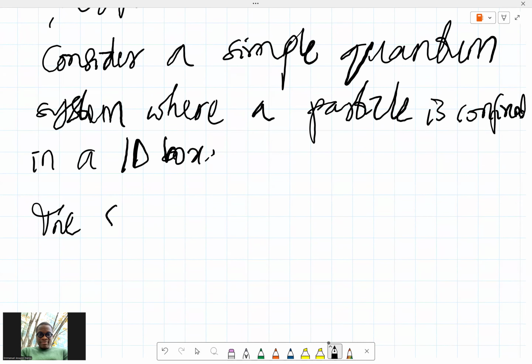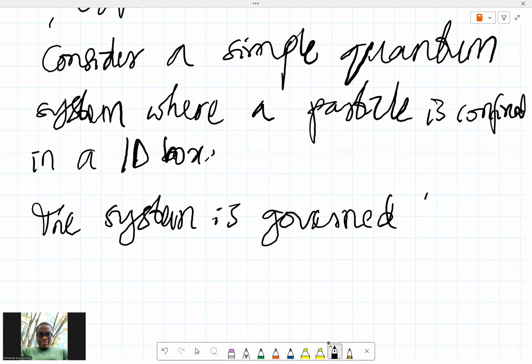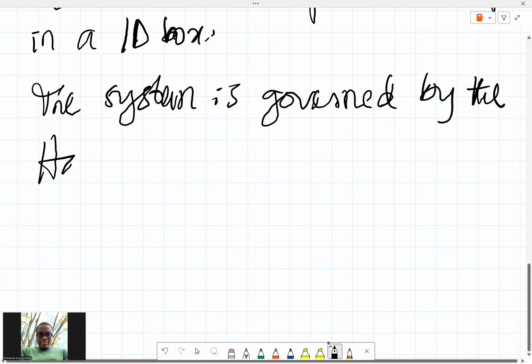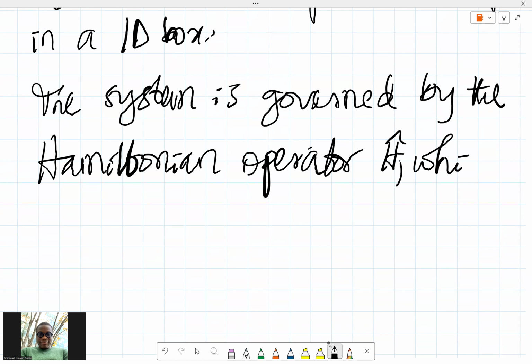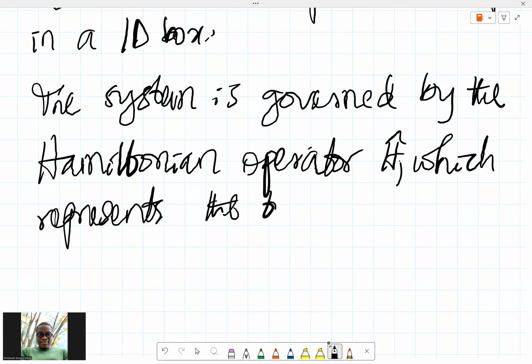The system is governed by the Hamiltonian operator, H cap, which represents the total energy.